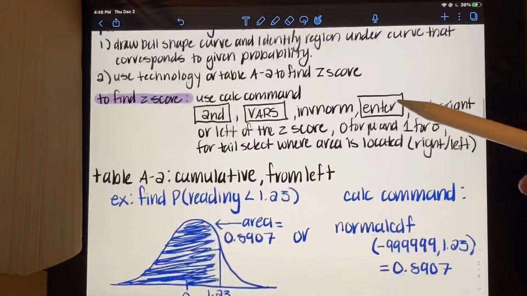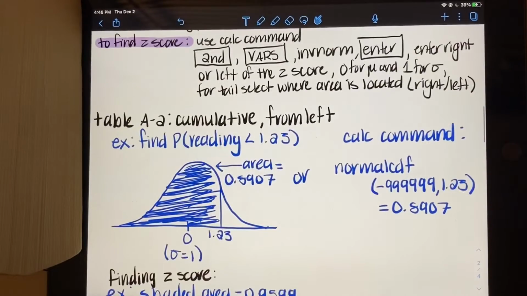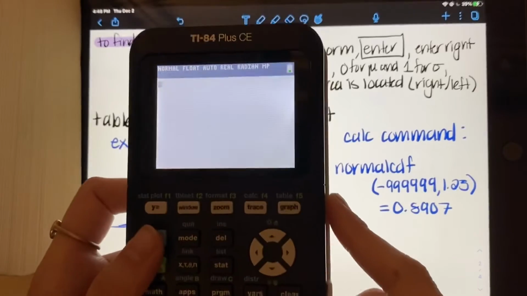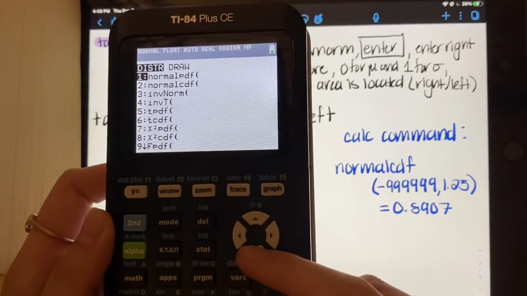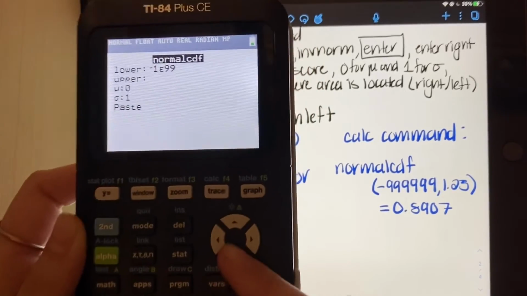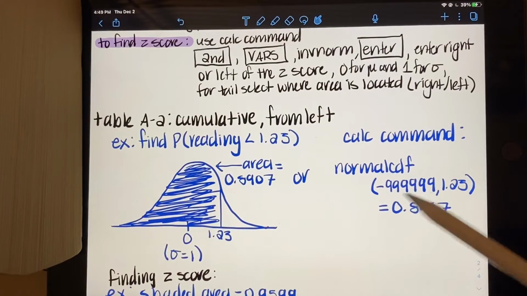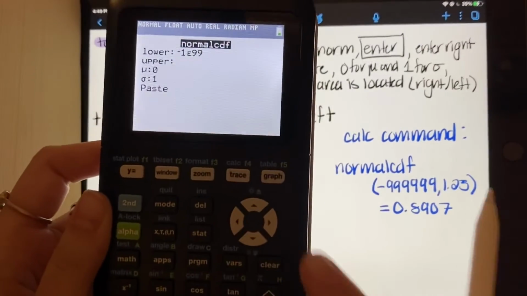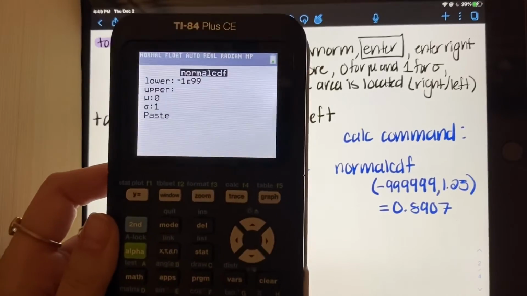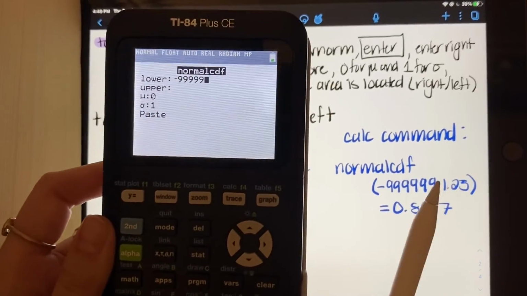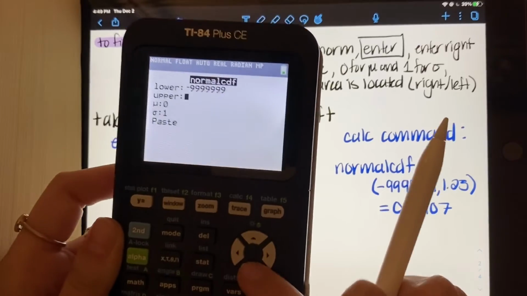And for this one, we are using normal CDF. So you're going to once again go second, vars, scroll down 1, normal CDF. Here I have it written out as negative 9 E 99, but mine automatically inputs this. If yours doesn't, that's fine. Same thing. It's basically just negative infinity that we're putting in.